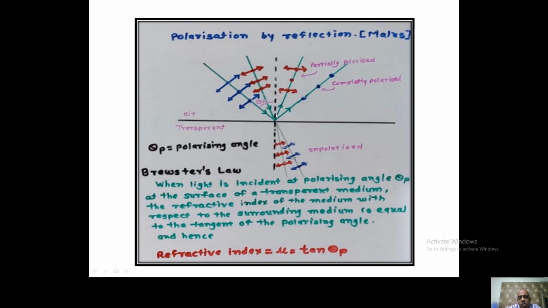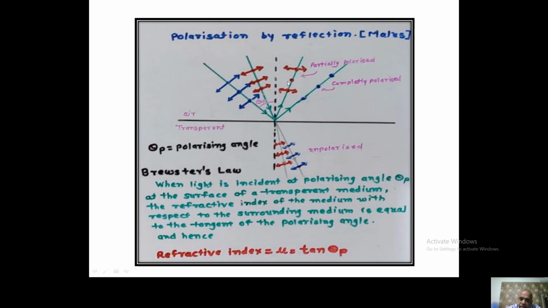Now when unpolarized light falls on the transparent medium, the reflected light is partially polarized, and the refracted light is also partially polarized.